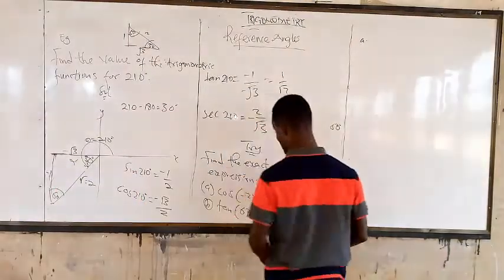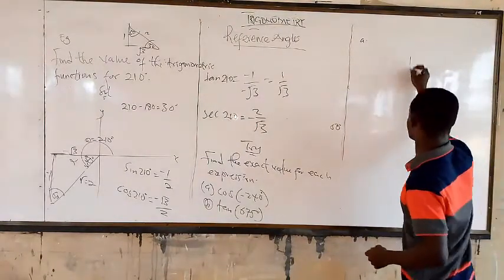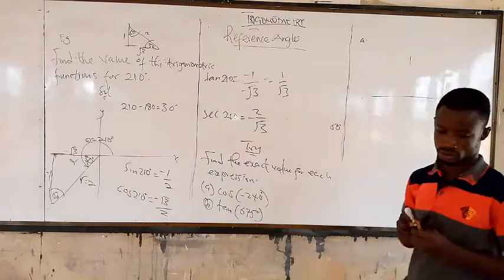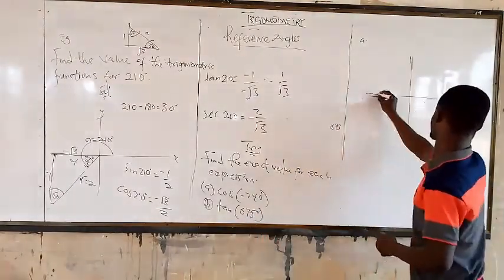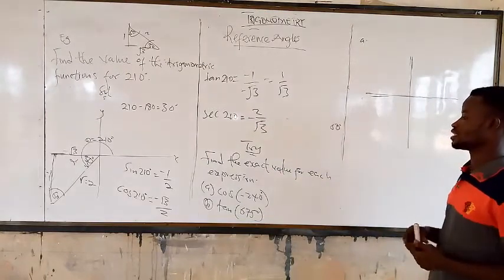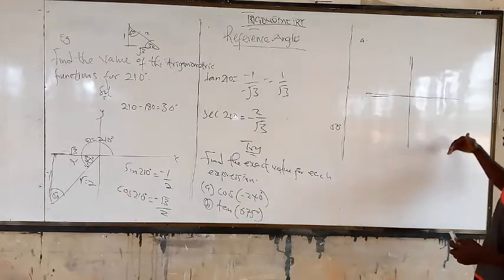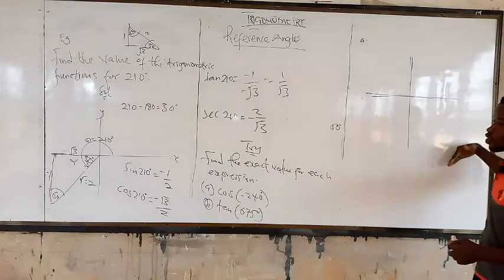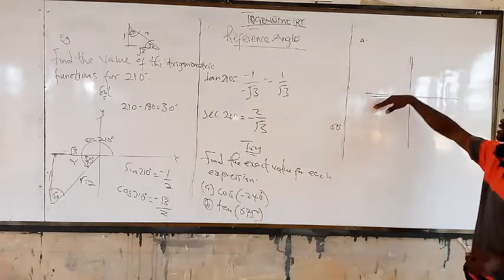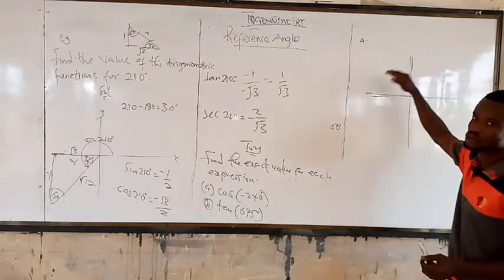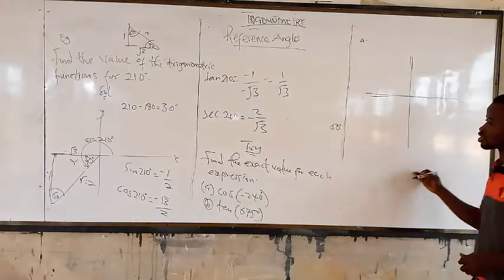Alright, so let me assist you with your try work. The first one. Let me assist you on the first one. We have negative 240. We know that cos negative 240, we know that negative angles read from this side, okay? We have the anti-clockwise or counterclockwise, and this one clockwise. So we read from the clockwise.